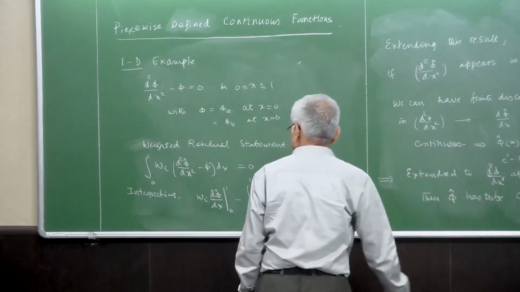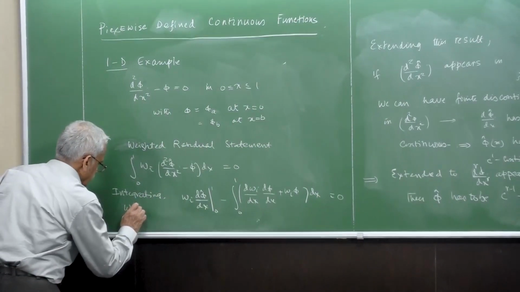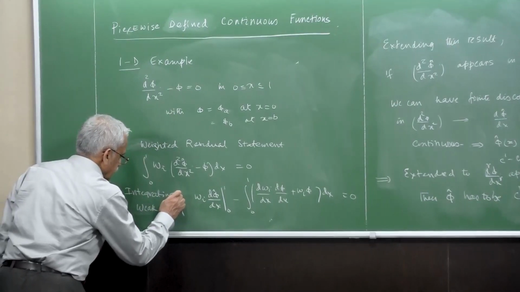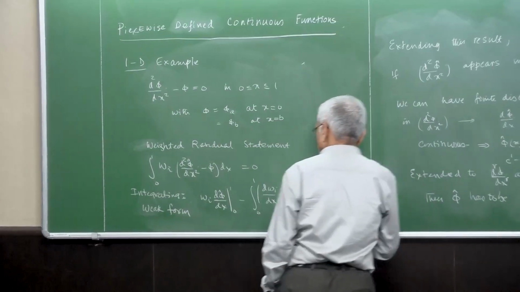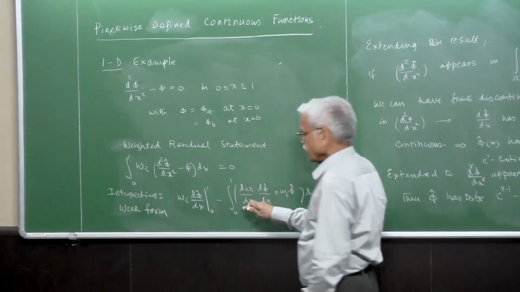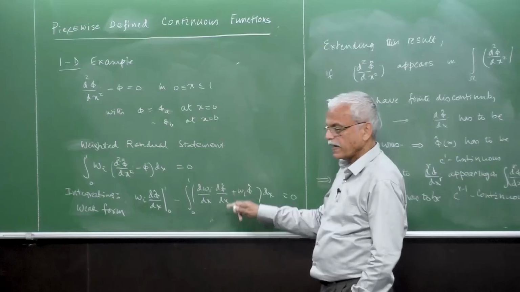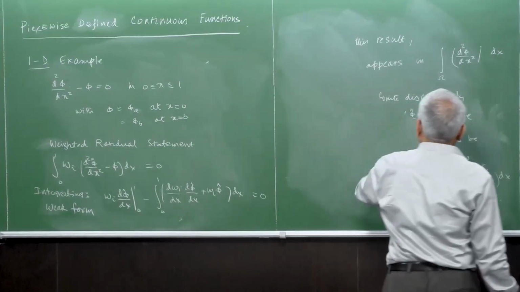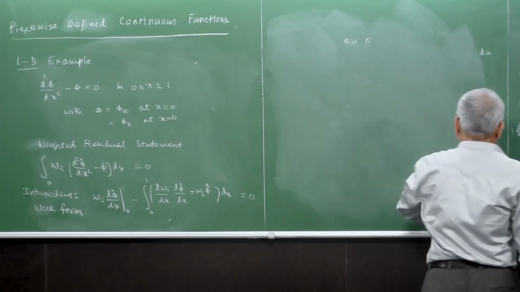So this is the weak form here. If you look at this, what we require is the evaluation of this term, dwi d phi hat by dx, where phi hat is the approximation here, and we can divide this interval into, let us say, 3 subdomains.